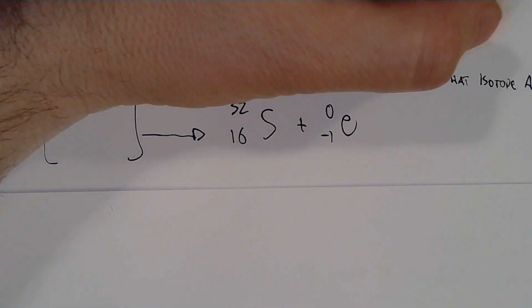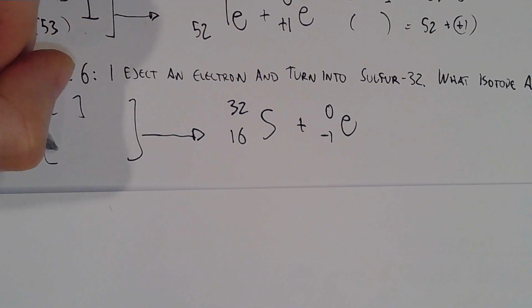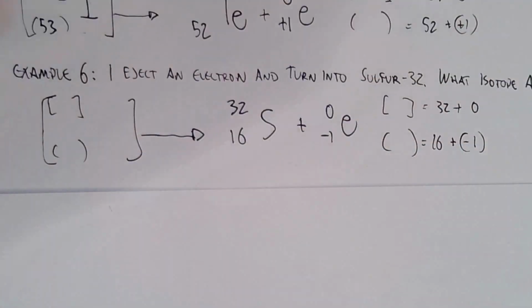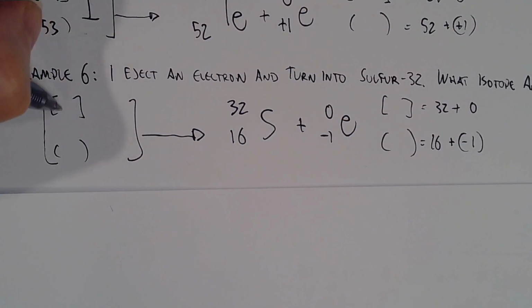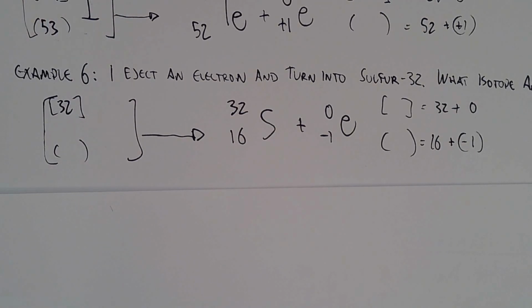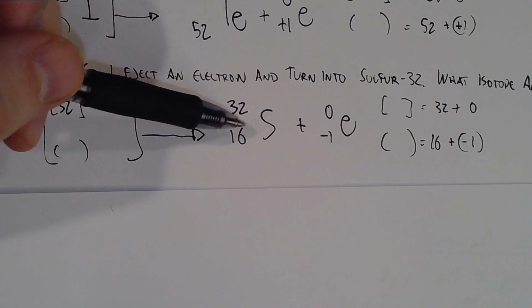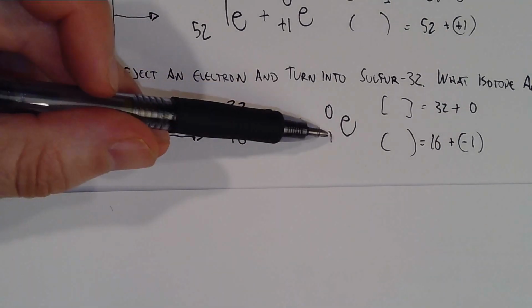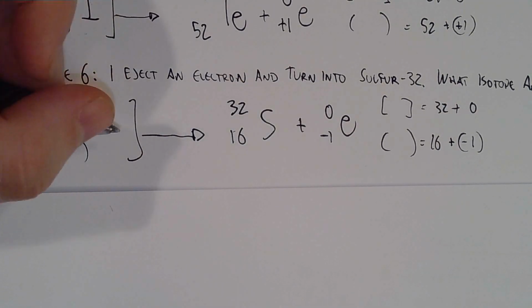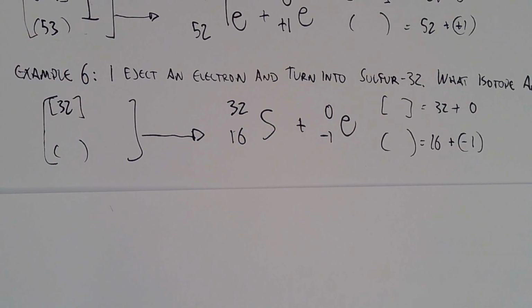All right. So we do our little numbers again, last time. So something equals 32 plus 0, and something equals 16 plus a negative 1. So on the top is 32. Again, classic of beta minus and beta plus is the atomic mass doesn't change. 16 minus 1 gets us this. So again, if you're going to screw these problems up, this is probably a good one to mess up.